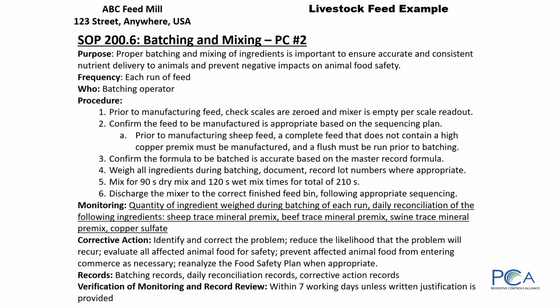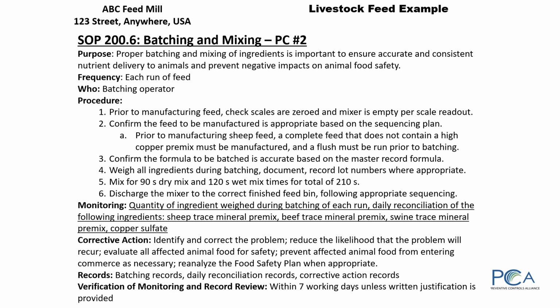So already some good standard practices for checking to make sure everything's in place before we even start batching and mixing our feed. Confirm the formula to be batched is accurate based on the master record formula. And then we can start our mixing process.